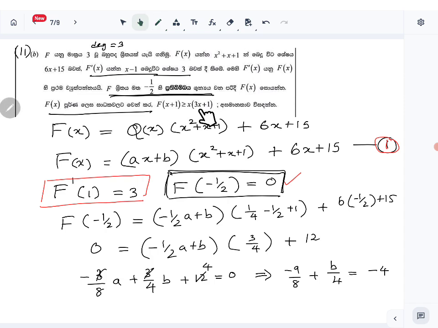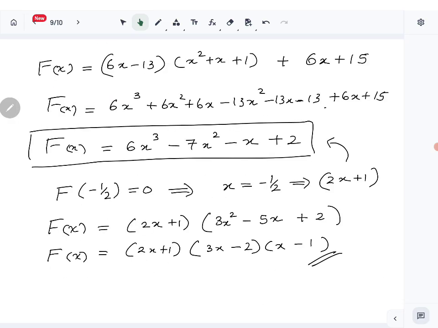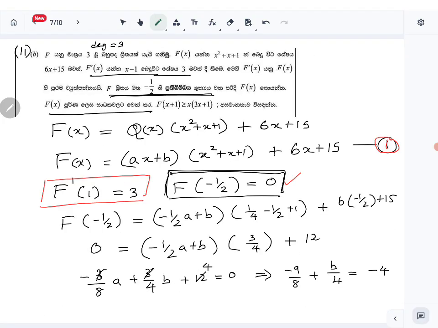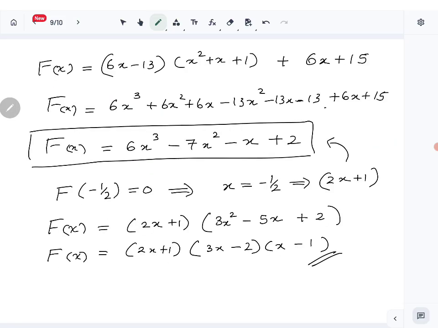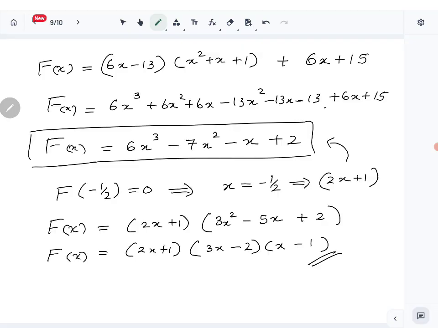Last part is we have to solve this inequality. So let me write that down. We have to solve f of x plus 1 greater than or equal to x times 3x plus 1. So let me now create f of x plus 1. f(x) is this, no?